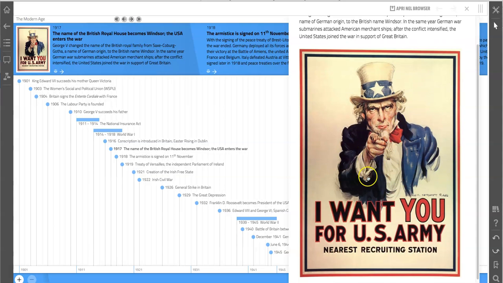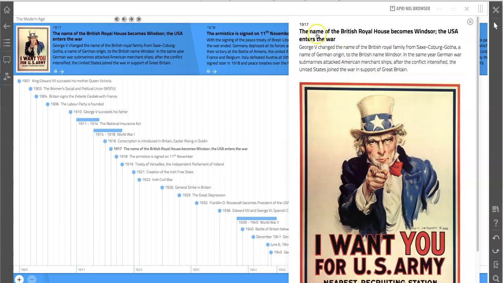Here we have a very popular picture of the enrollment to the American Army. In England, George V changed the name of the British royal family from the German name Saxe-Coburg-Gotha to the British name Windsor.